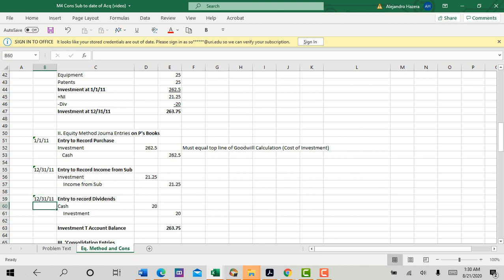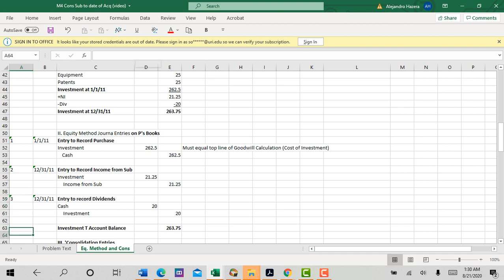This is subsequent to acquisition. So if you add up all the amounts there, your ending investment balance was 263.75 in the T account, which equals the amount here. Now, all I'm going to do in this video is take these three entries here, and we'll call this one entry 1, this one entry 2, and this one entry 3.